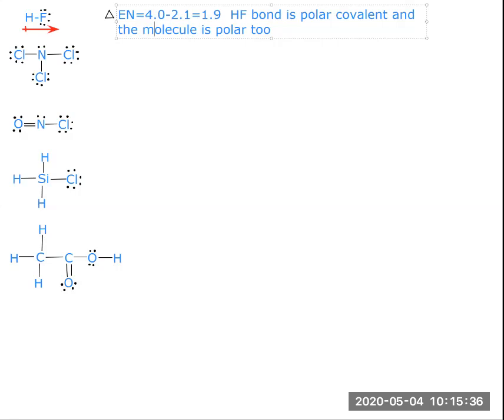So let me write this: 3 single bonds plus 1 lone pair.